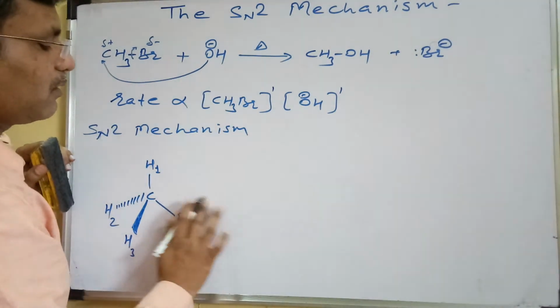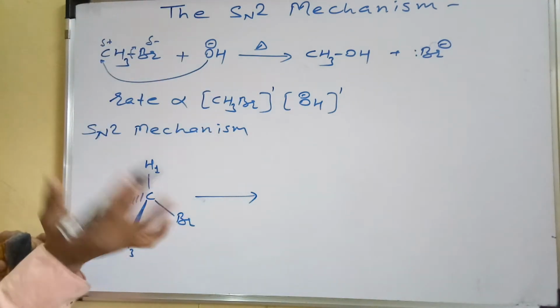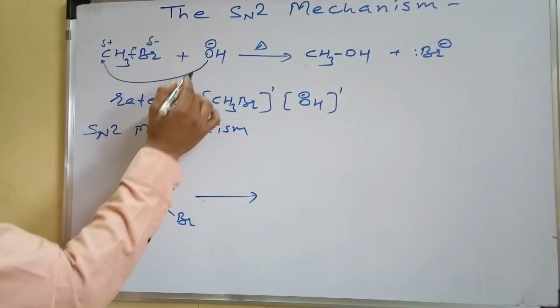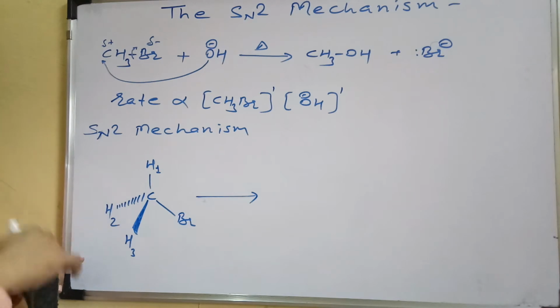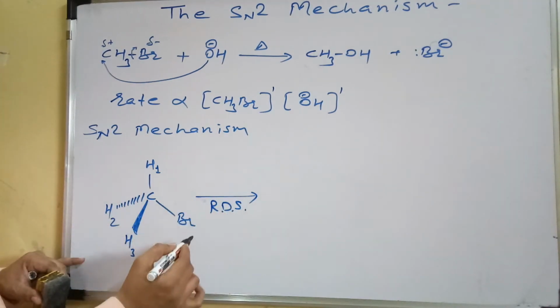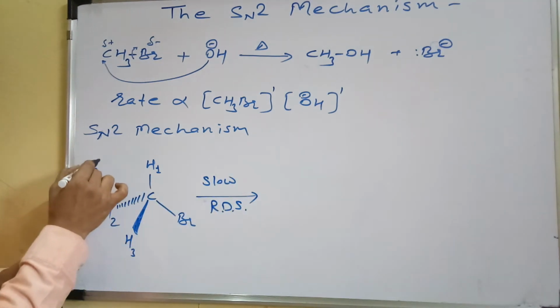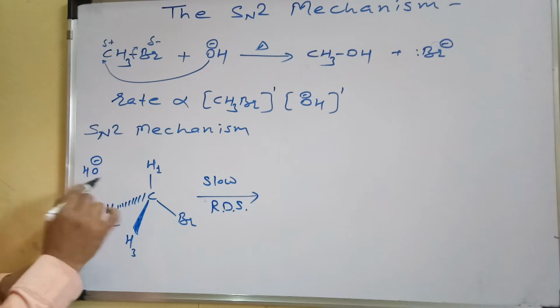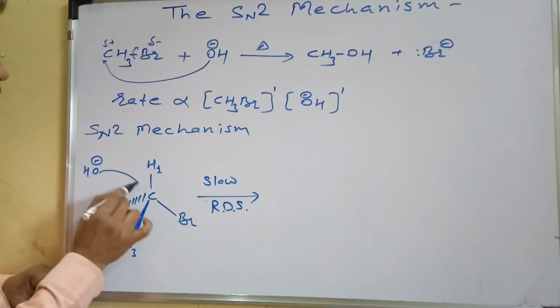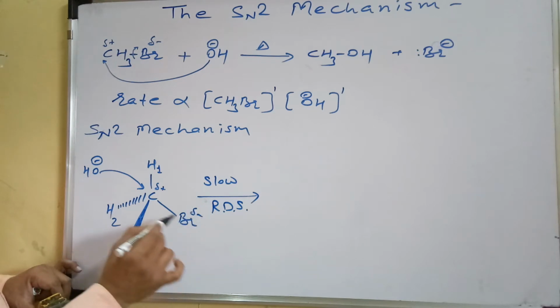And when simultaneous bond breaking and making takes place, that means both are involved in the rate determining step. So this is the rate determining step, and this is a slow step. See, the attack of this hydroxide nucleophile takes place on this carbon, which has a partially positive charge, and the Br is partially negative.